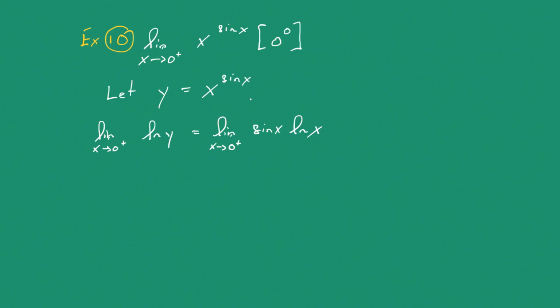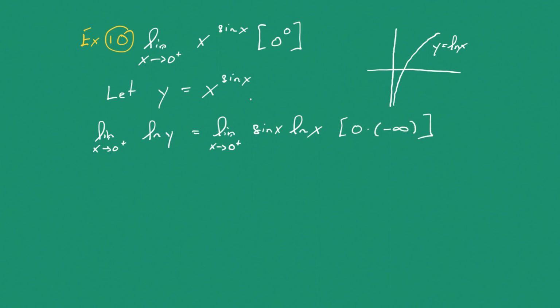So this is of type 0 times, and as we've seen before, as x tends to 0 from the right, log x tends to minus infinity, so this is of type 0 times minus infinity.